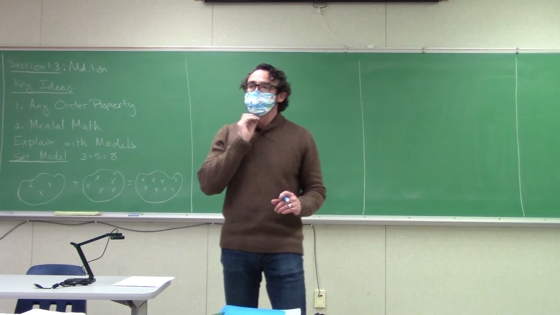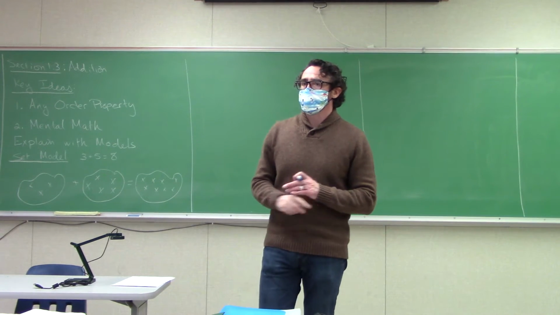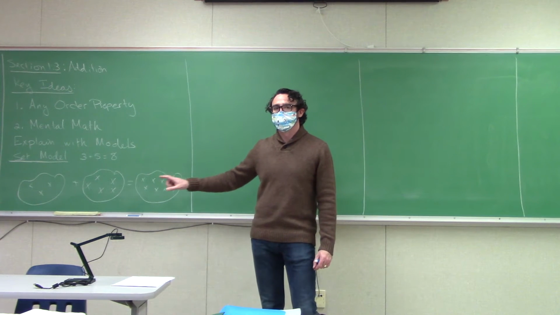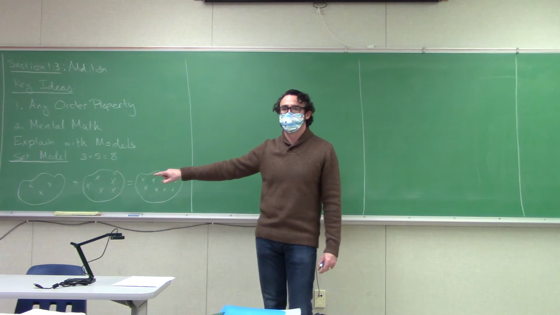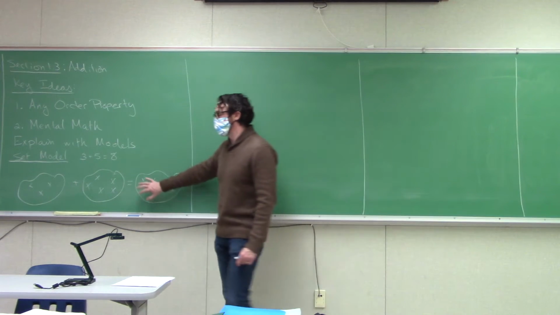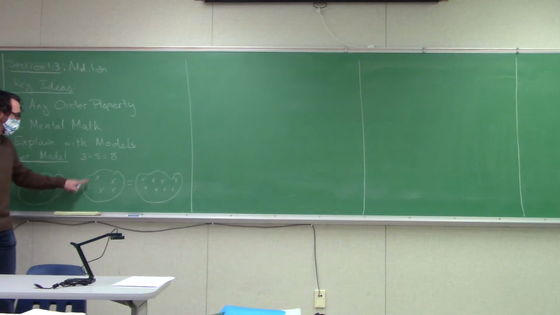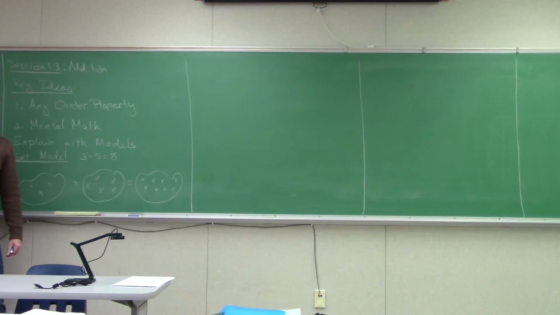The only weakness with this model is that students don't actually add. They tend to count rather than add. So they see these two pictures and they go 1, 2, 3, 4, 5, 6, 7, 8. I didn't really add, I just counted.